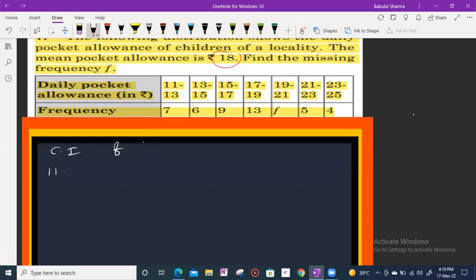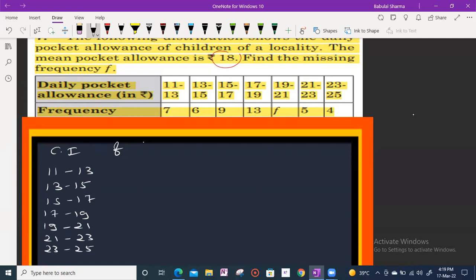The class intervals are 11 to 13, 13 to 15, 15 to 17, 17 to 19, 19 to 21, 21 to 23, and 23 to 25.